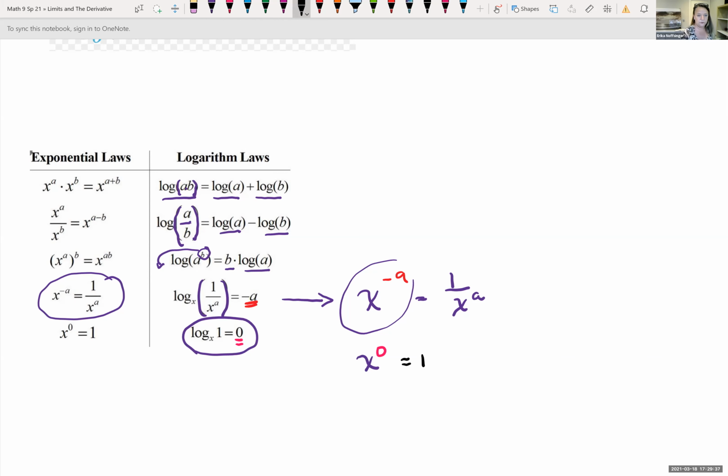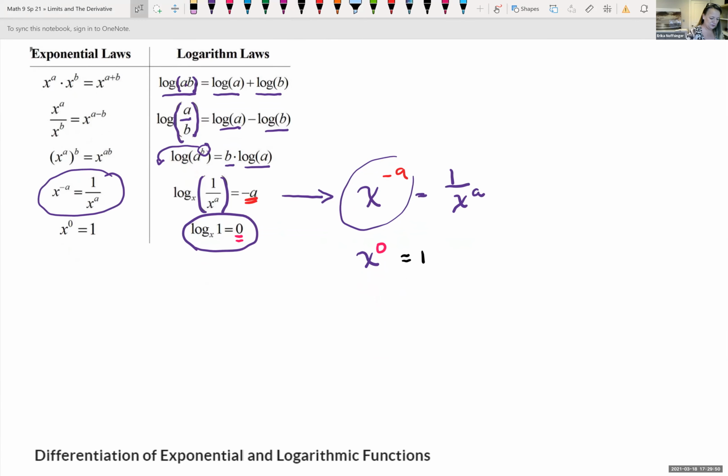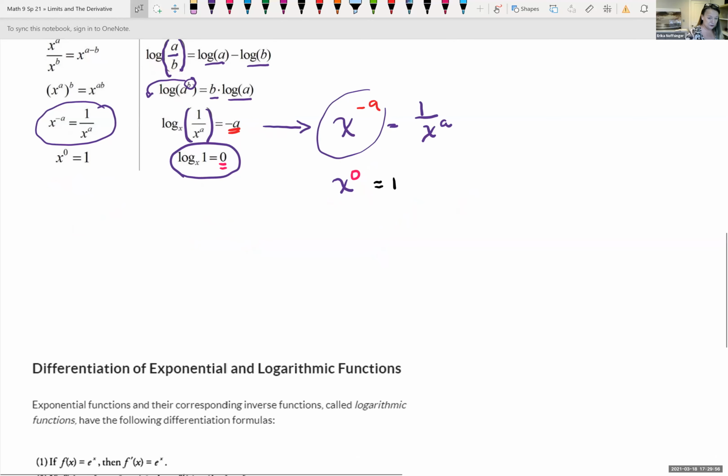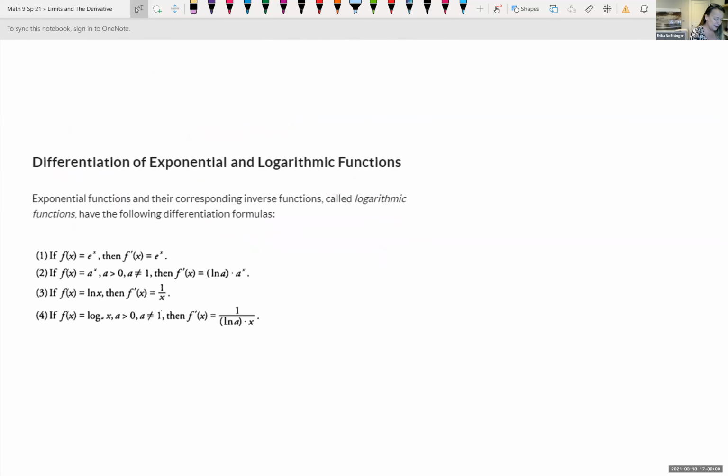Okay. So those are some rules of logarithms that we might pull in a little bit later to help us take derivatives of logs. Okay, so now let's figure out how to take the derivative of a log. Before we do that, one more quick reminder.